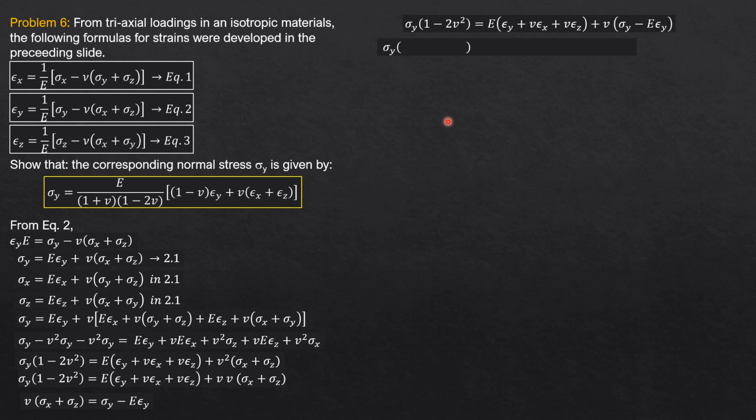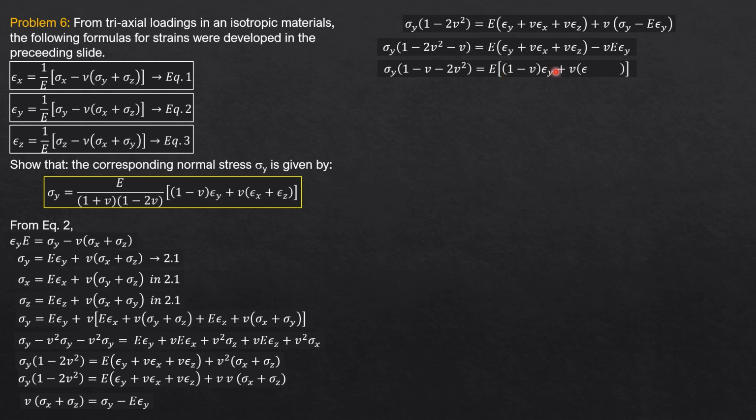So we have sigma y quantity 1 minus 2 times Poisson's ratio squared minus Poisson's ratio equals, we copy the first term, then the second term is negative Poisson's ratio E strain y. Then rearrange: sigma y times quantity 1 minus Poisson's ratio minus 2 Poisson's ratio squared equals E.